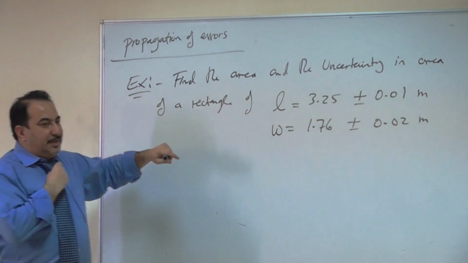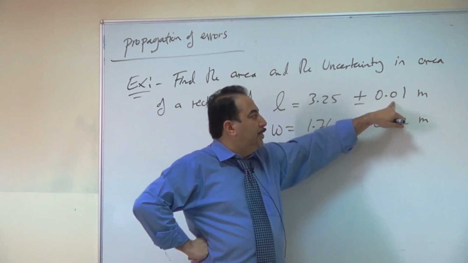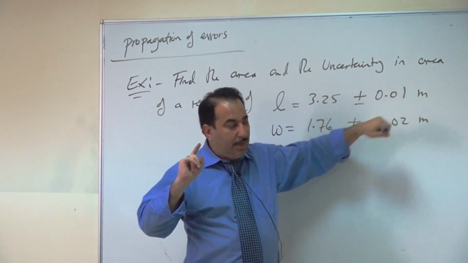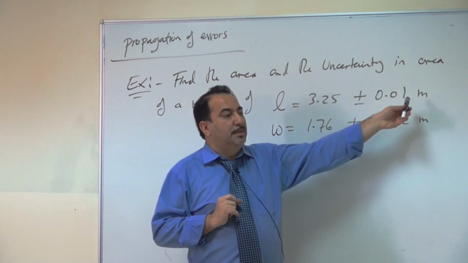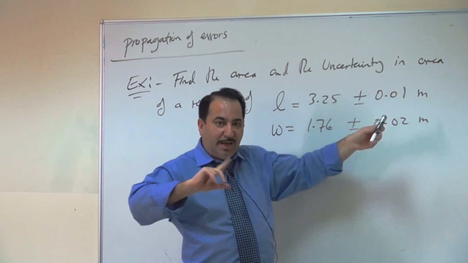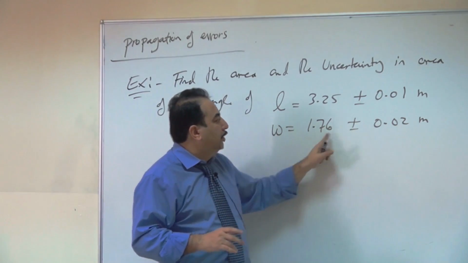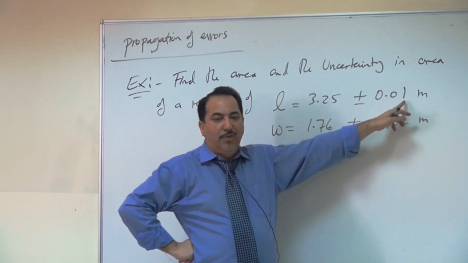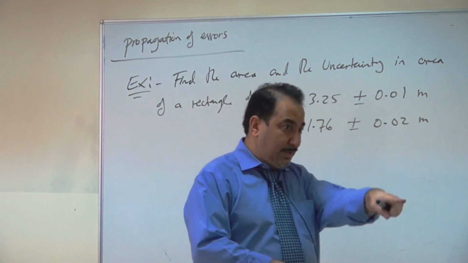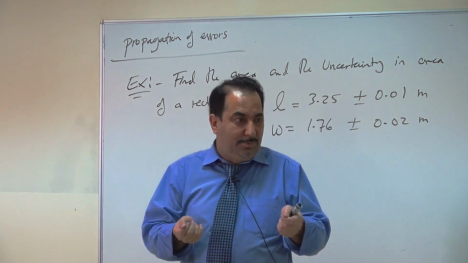Now, before we answer that, let's look at the errors here. How much error do I have in the length? 0.01 meter. So how many centimeters? This is plus minus 1 centimeter. Now, why here do I have 1, here 2? It means that when you measured the length and width, you didn't use the same tool.